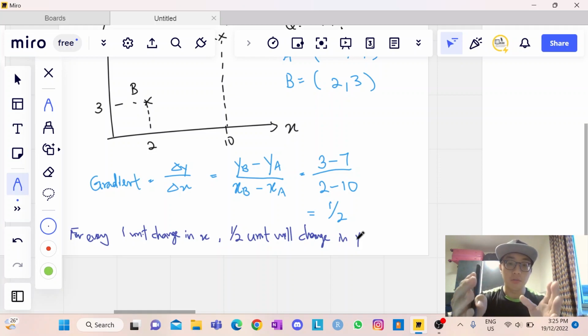So a change of 1 over 2 units of y due to 1 unit change of x. For every 1 unit change in x, half a unit will change in y.